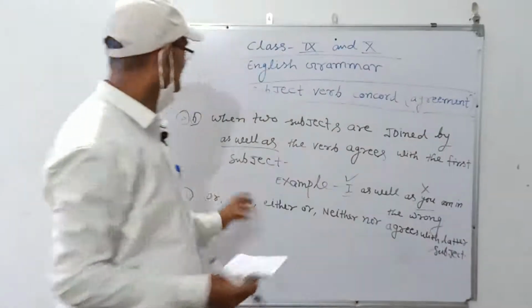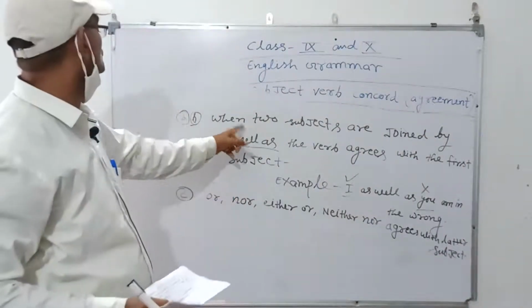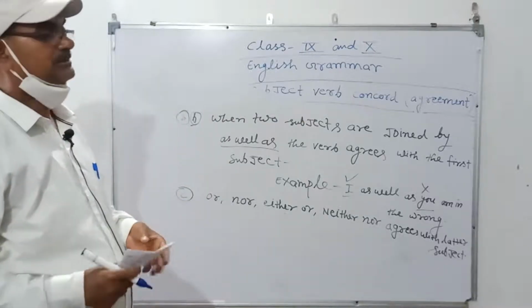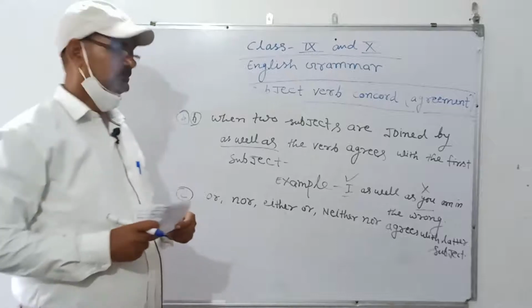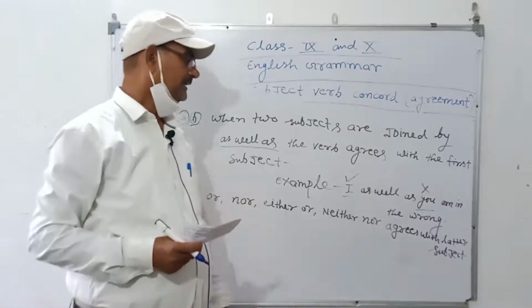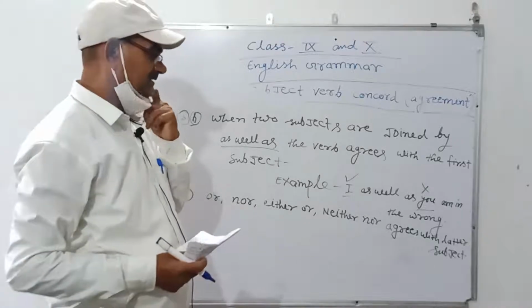This rule is just opposite to 3B. If subjects are joined with the help of or, nor, either or, neither nor, the verb agrees with the later subject.